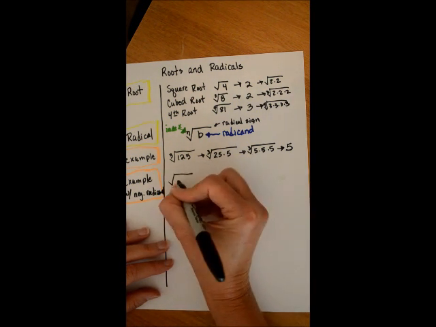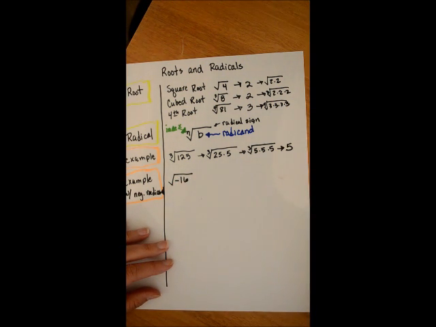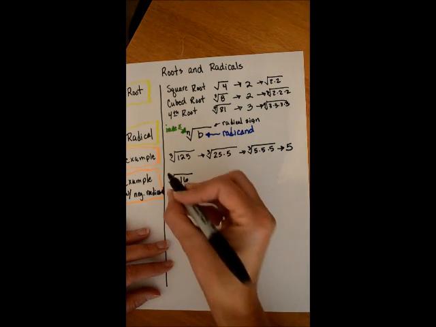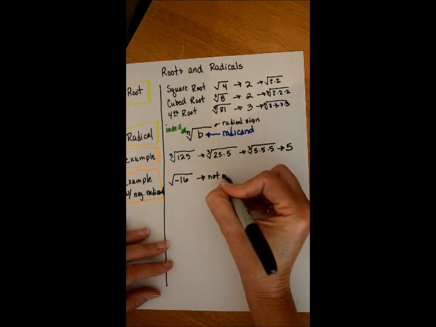I'm going to do a square root of negative 16. Okay, a square root. I don't show the 2, but it's there. The square root of negative 16. Well, what number, when multiplied by itself, is going to give me negative 16? Well, I don't know. I mean, 4 times 4 is 16, but that's not negative. I would need a negative and a positive to give me a negative. So this one is not real.